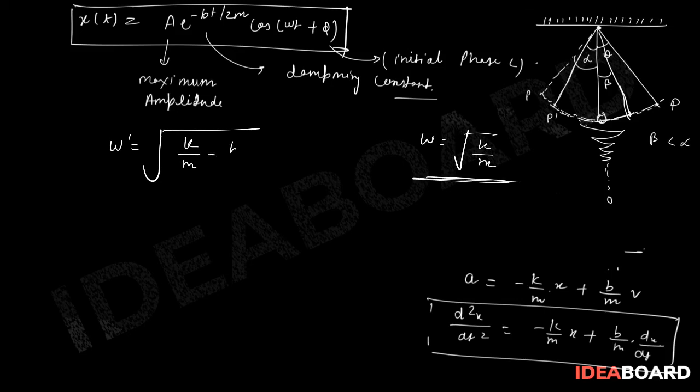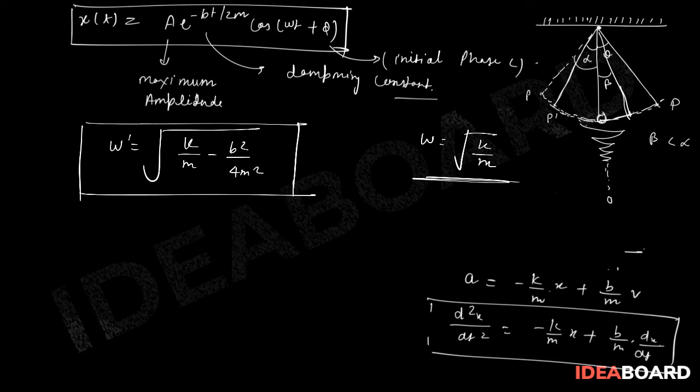This time the value of omega dash is the square root of k by m minus b square upon 4m square. You need to remember this is the value of omega, the angular frequency of damped SHM.